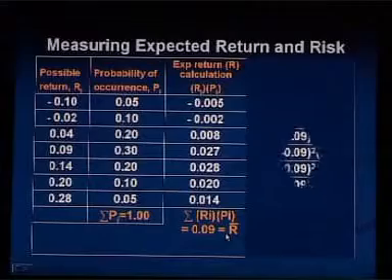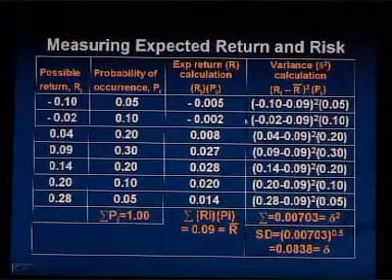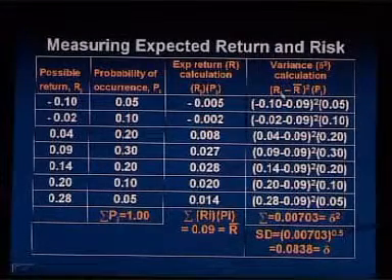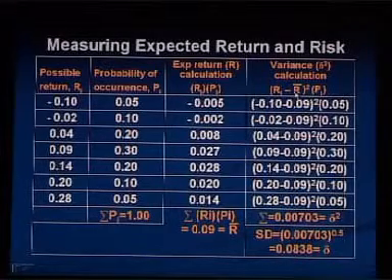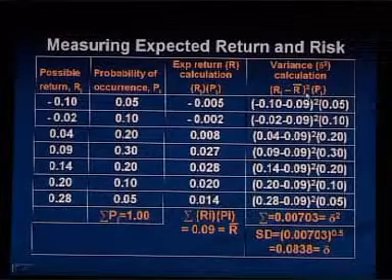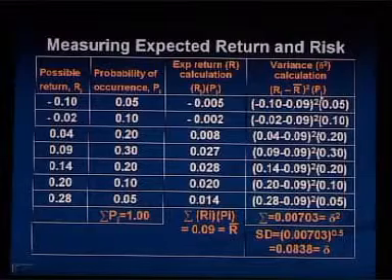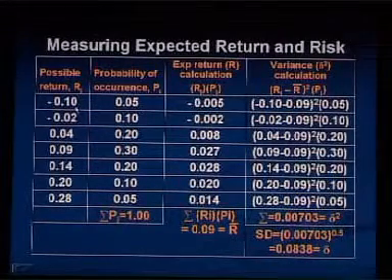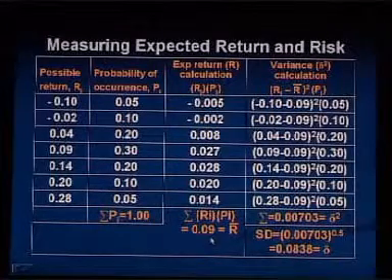In order to calculate the standard deviation of the returns, we have to follow this particular formula. That means, for the respective returns and the expected return, we have to find the difference between these two, get the square value of this, and then multiply by the respective probability. So, in the first case, you can see that the return was minus 10% and our expected return was 9%.